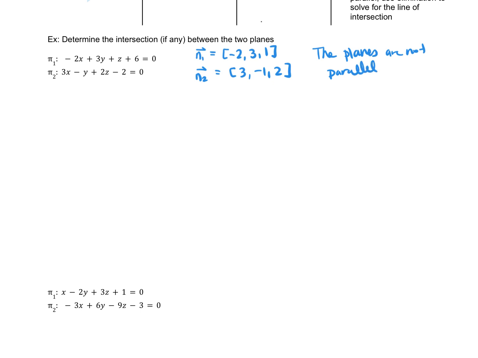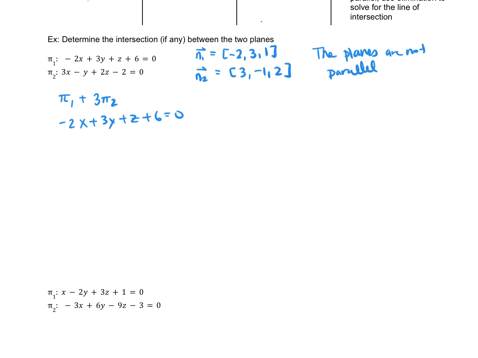So I'm going to look at my two plane equations, and I think I'm just going to eliminate the y's. That seems pretty nice. So I'm going to take plane 1 and I'm going to add triple plane 2. That way the y coefficient would be -3. So we have -2x plus 3y plus z plus 6 equals 0.